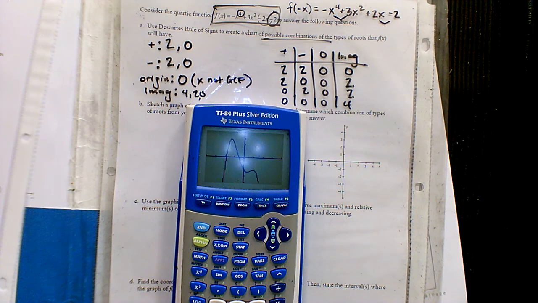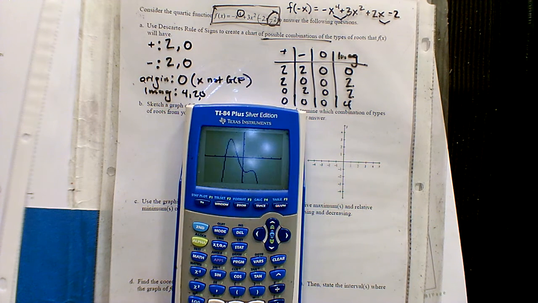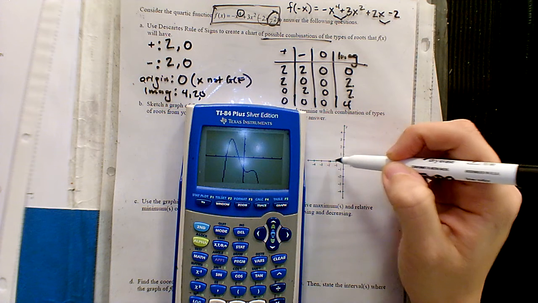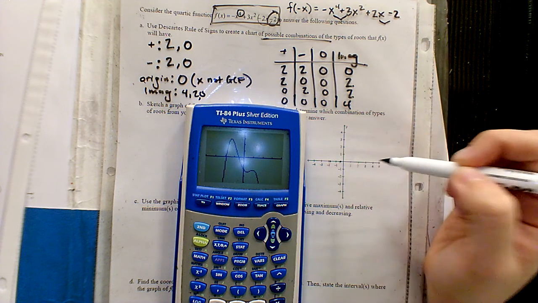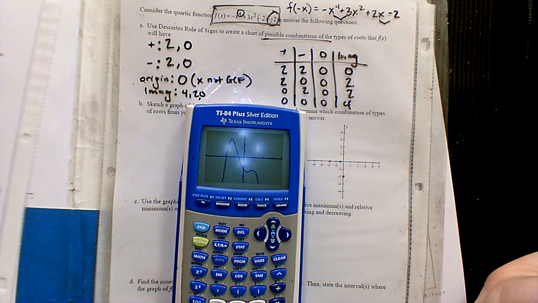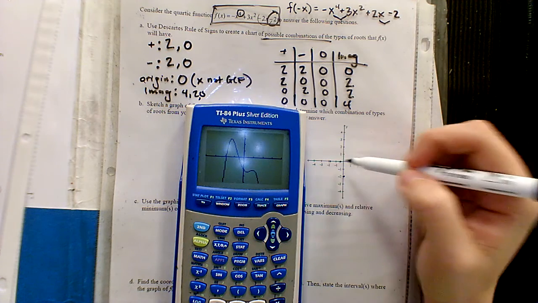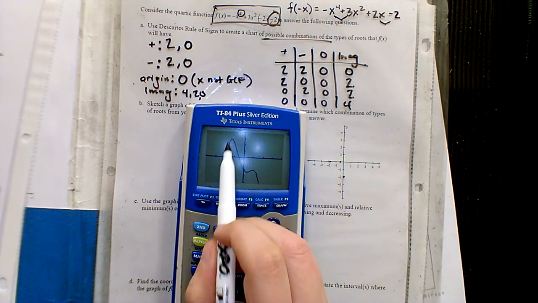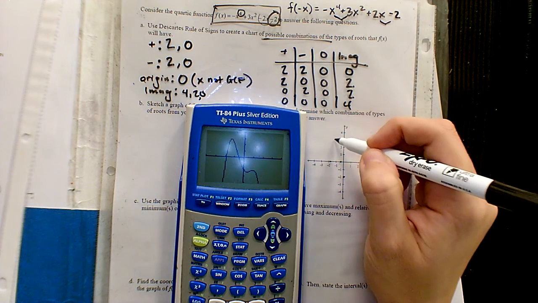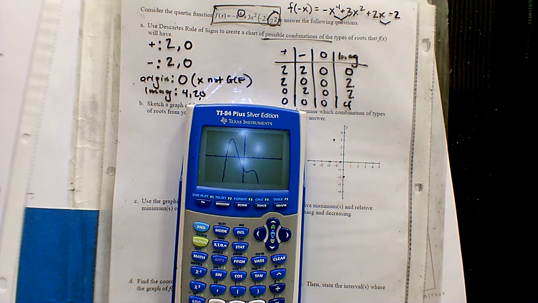All right, go ahead and hit graph. If we try to draw this as accurately as possible, maybe we can plot where some x-intercepts are located. We know the y-intercept's -2 because that's our constant term. Looks like this first high point is at a height of almost 3.